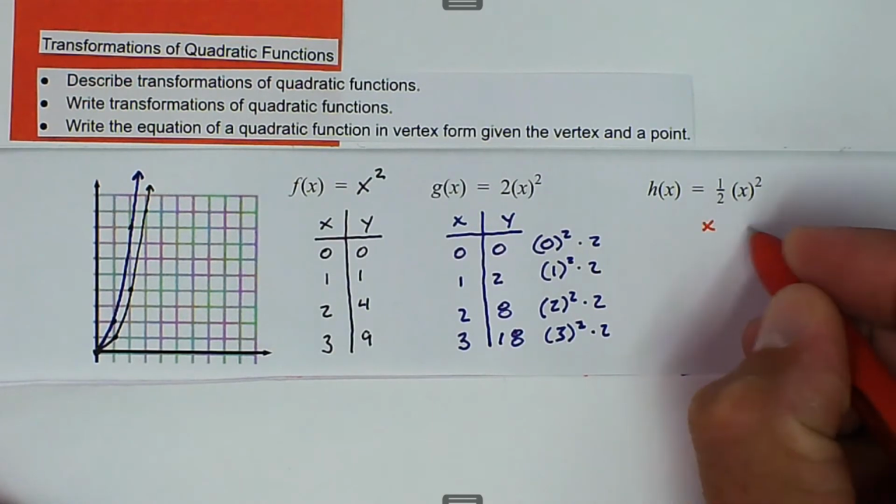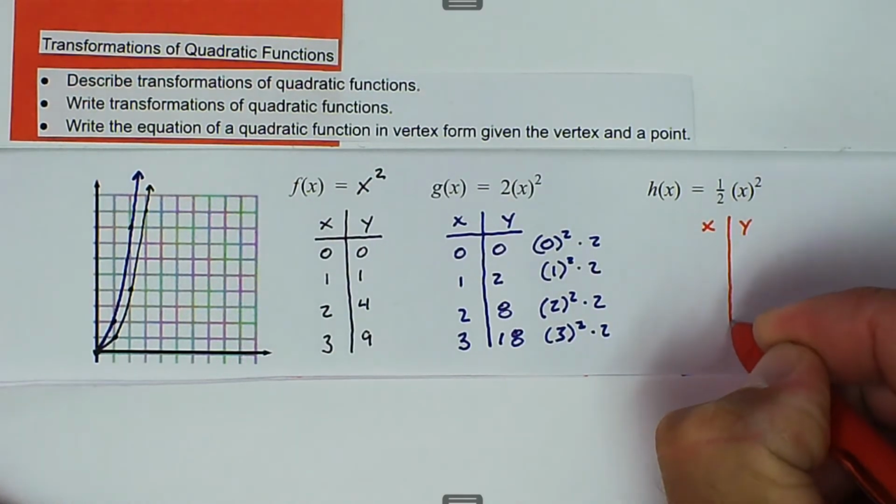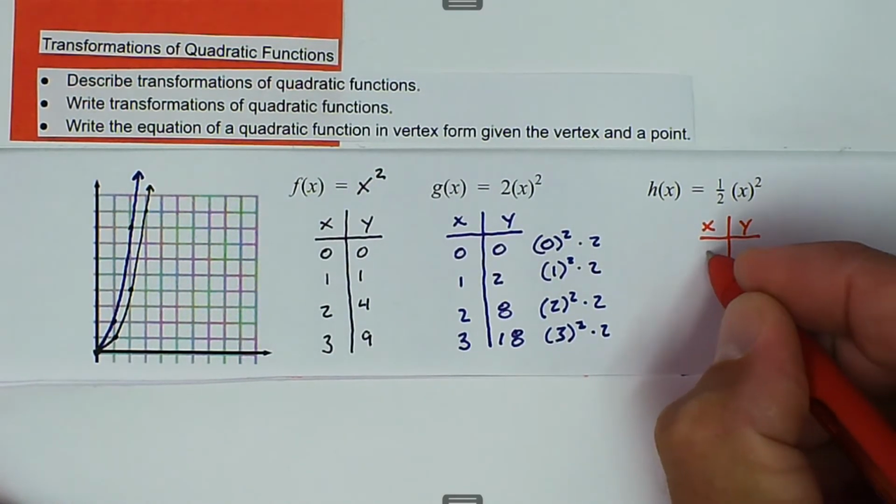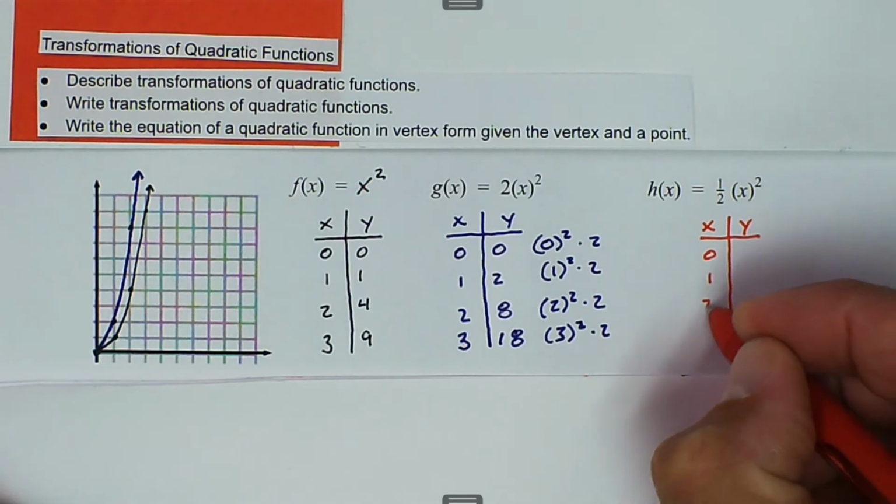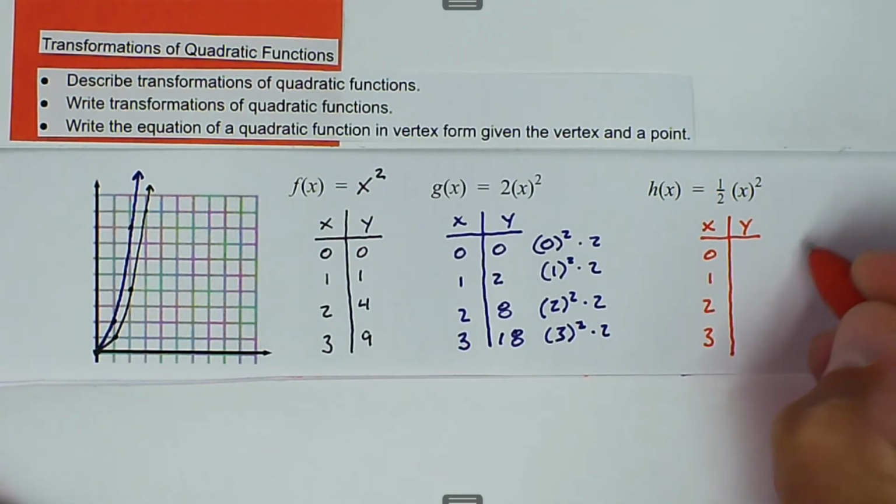So we can set up our table again, and we'll pick the same 4 points, 0, 1, 2, and 3, and we'll do the same thing.